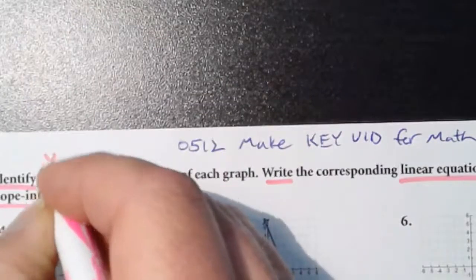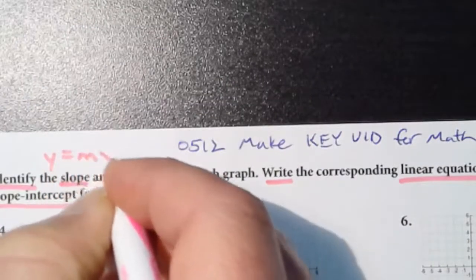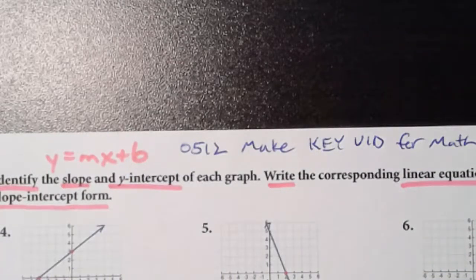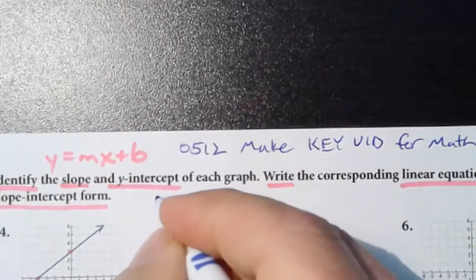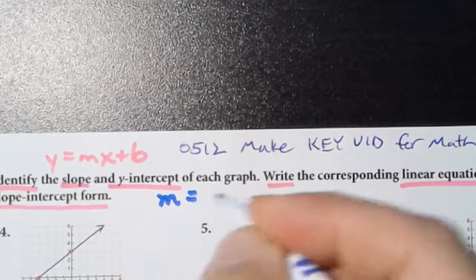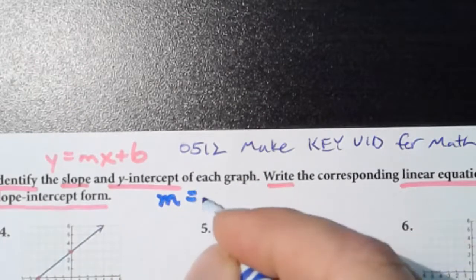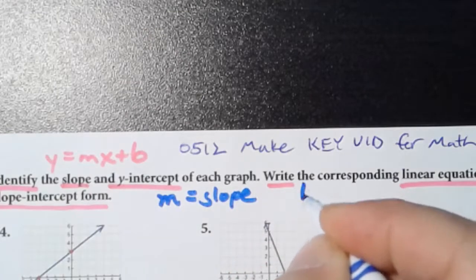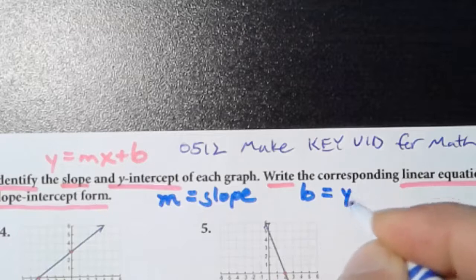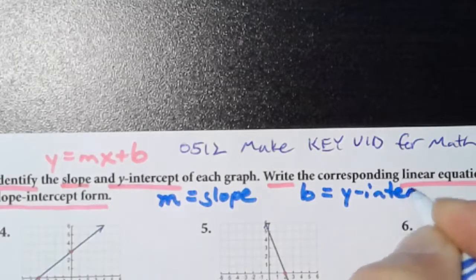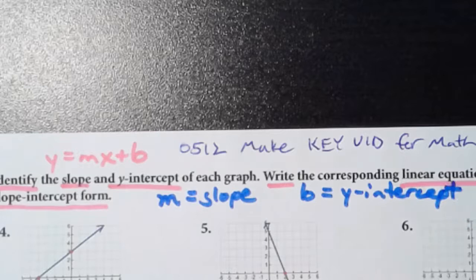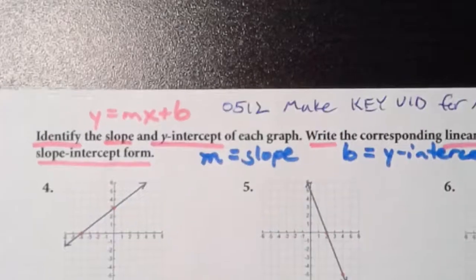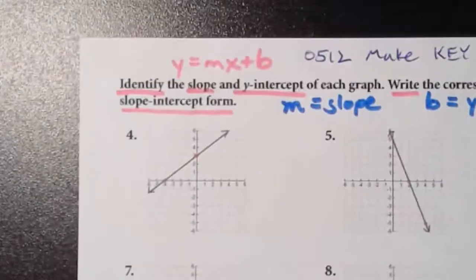Of course, you remember that as y equals mx plus b, where m is the slope, and the b is the y-intercept. Okay, that's your review. I've got so many videos on that topic. It's overwhelming on my YouTube channel. So let's start here on number 4.